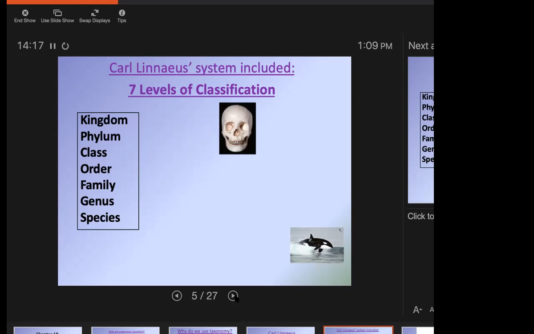Phyla is the plural of phylum. For some of those phyla, we'll be learning about classes of organisms within them. So this is about where we'll stop. We're not going to go much more specific than that, okay?